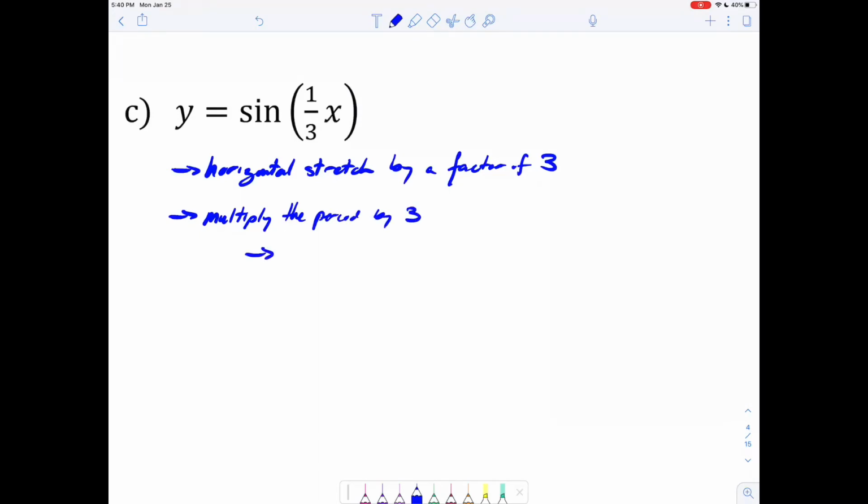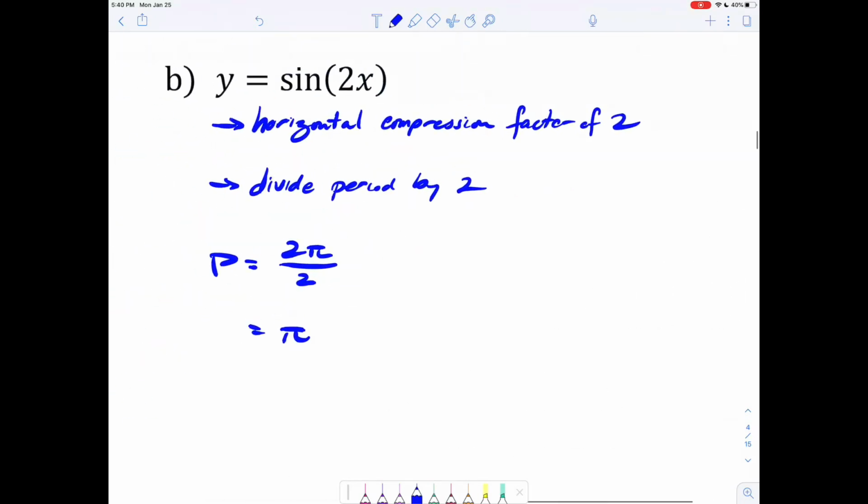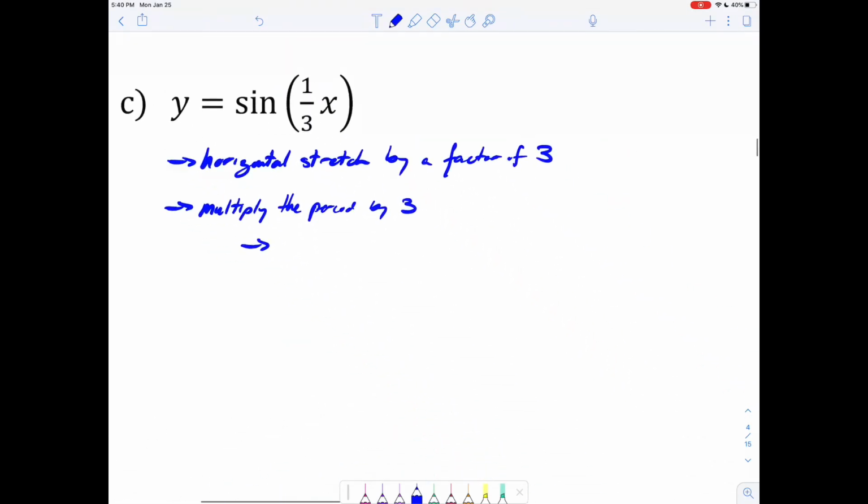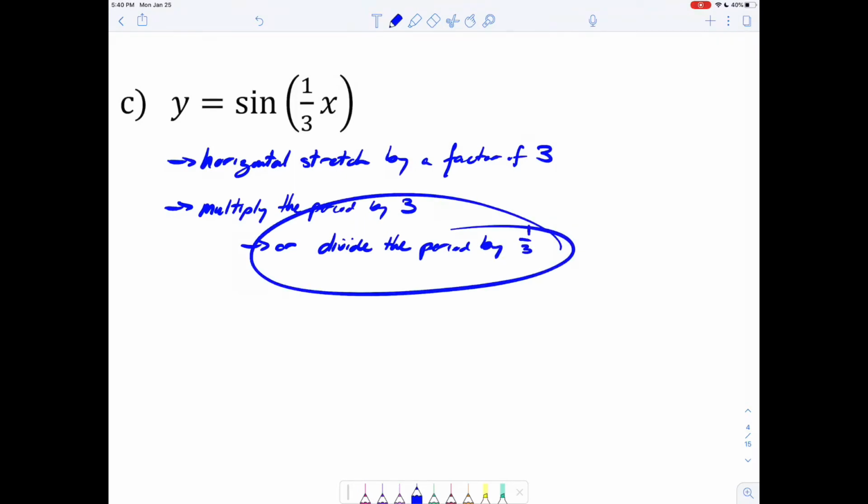We could also phrase this a different way, just to be more consistent with what we said above. Here we said we divide the period by 2, we divided by that b value. So similarly here we could say that we're dividing the period by 1/3. And it's this kind of second definition, the division one, that I'll focus on.